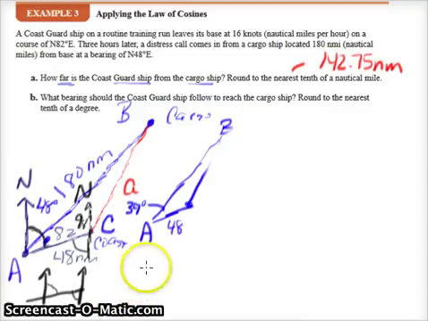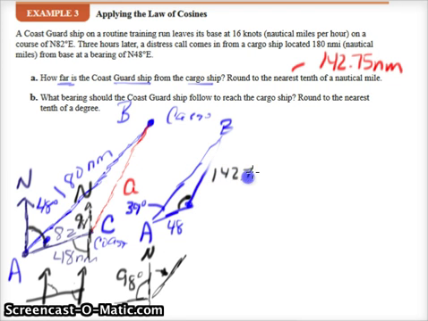So in that picture, I have a 98 here, and I have this other part of my triangle going up here. I need to know what this angle is right here, because if I know that angle, I could say north so many degrees east. One way to get that angle is to solve for this angle in the triangle. Now that we know that this side is 142.75, I could use the law of sines.